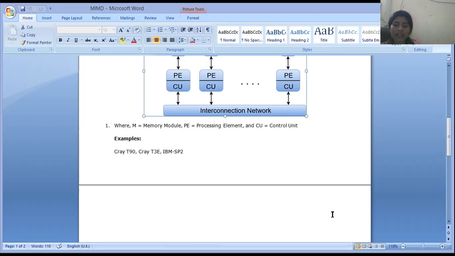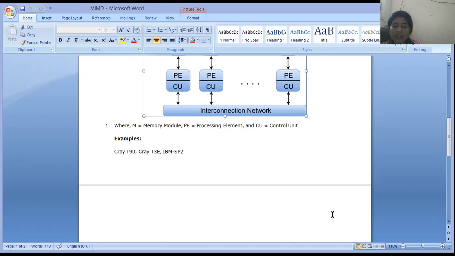MIMD machines are broadly categorized into shared memory MIMD and distributed memory MIMD, based on the memory, that is, on how processing elements are coupled to the main memory. In shared memory MIMD, a tightly coupled multiprocessor system, all the processing elements are connected to a single global memory and all have access to it.